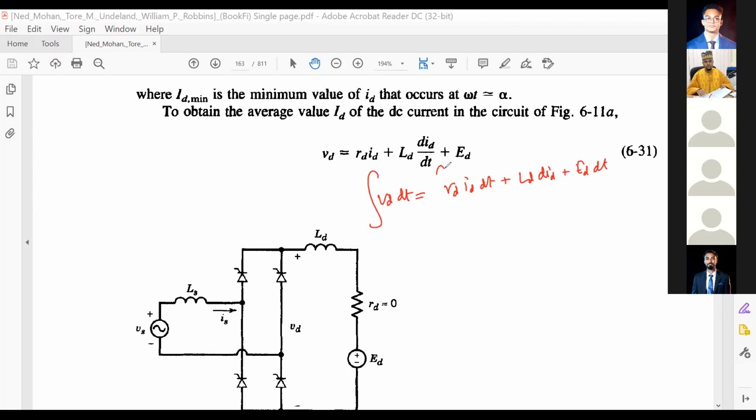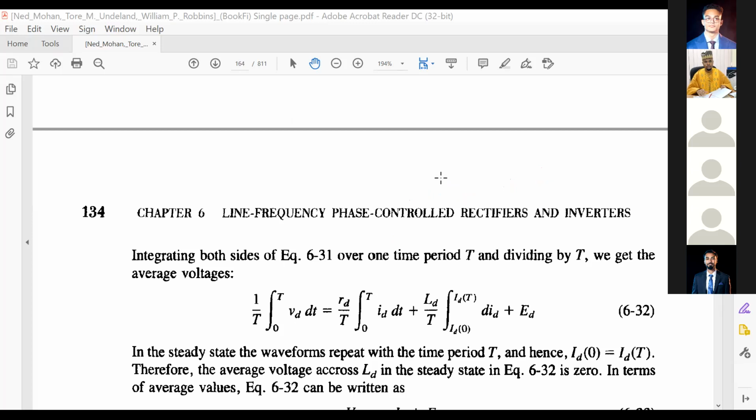Then you are integrating that, they're trying to do. So we are integrating this one. So this VD dt, we are integrating over one cycle, so 0 to T, then this one.